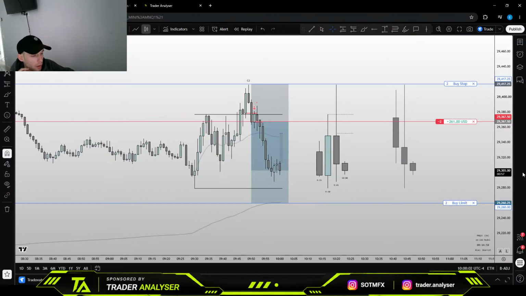So new 1 hour candle opened. All right, so nothing really changed. I would still expect price to continue pushing lower to the overnight VWAP.